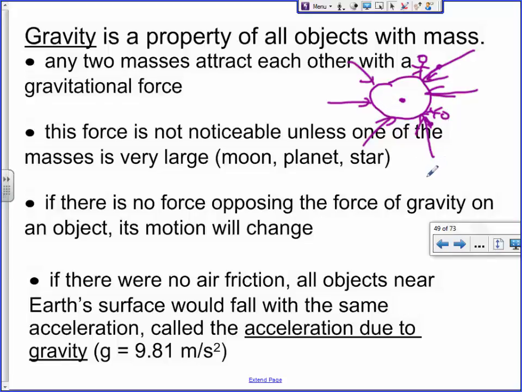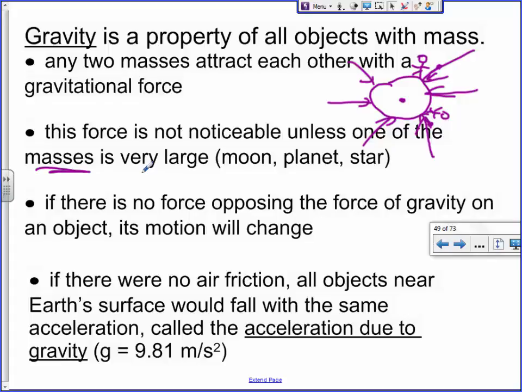Basically, any two masses are attracted towards each other. Why do we notice it? Well, we only notice it if one of the masses is really large. Technically, there's a gravitational attraction between me and this table. I told you guys this in grade 10 last year, I think. Any two objects that have mass actually have a gravitational force between them.